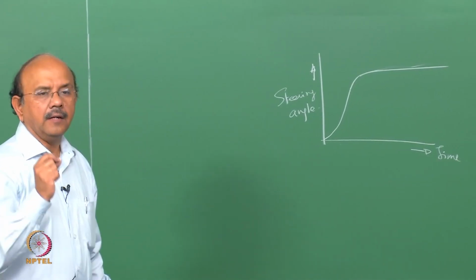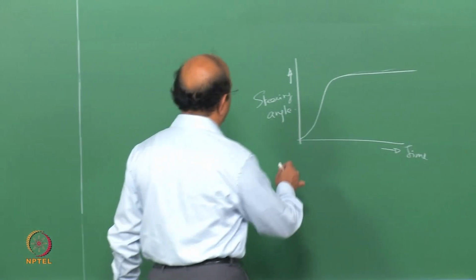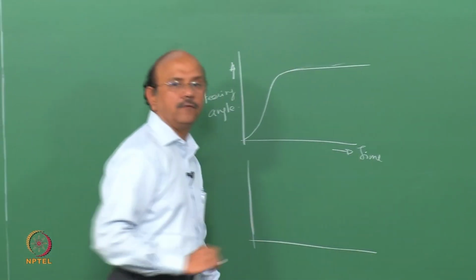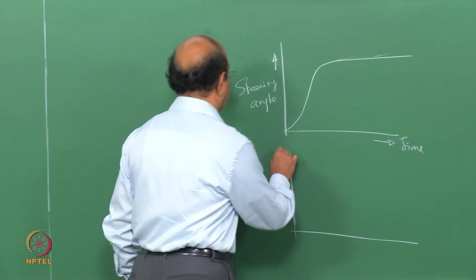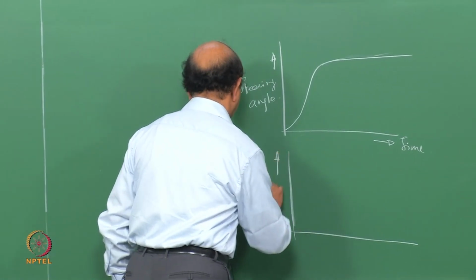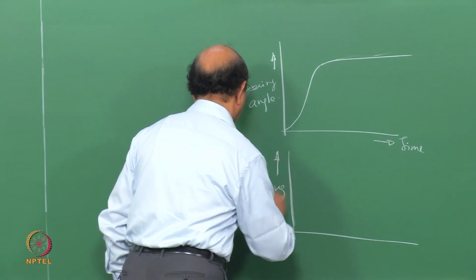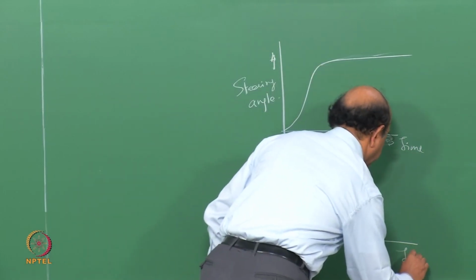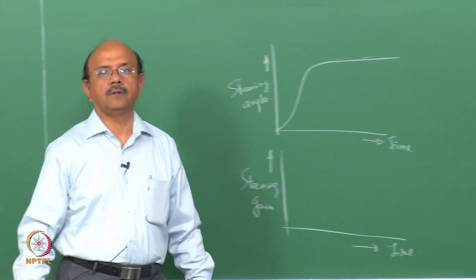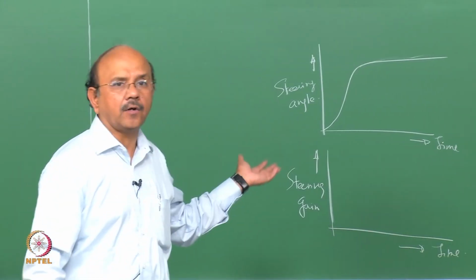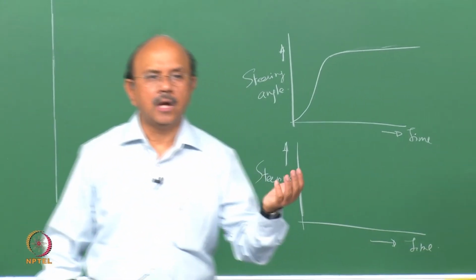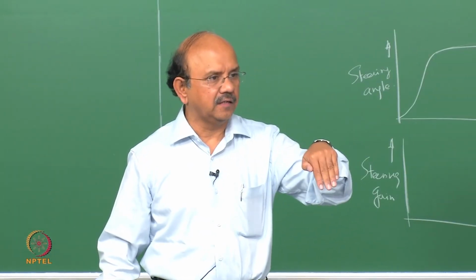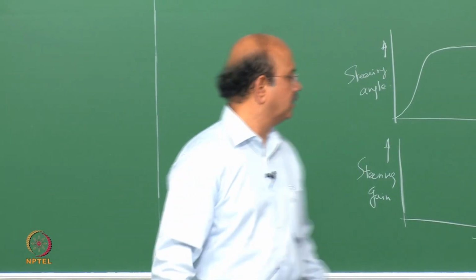Now, if that is the case, you can draw another graph between steering gain versus time. In other words, since we are talking right now about steering angle, how much the vehicle is turning because of the steering angle with respect to time that you have given.